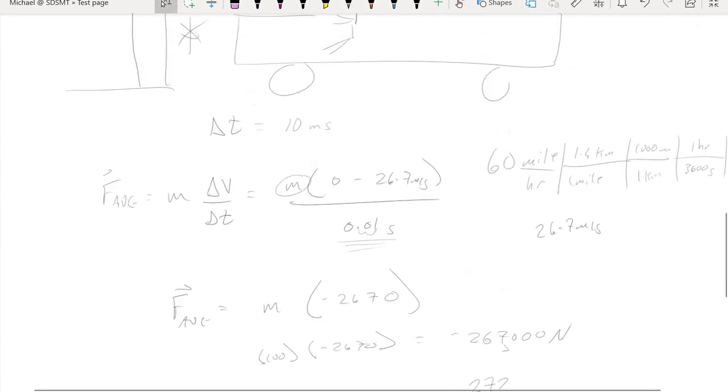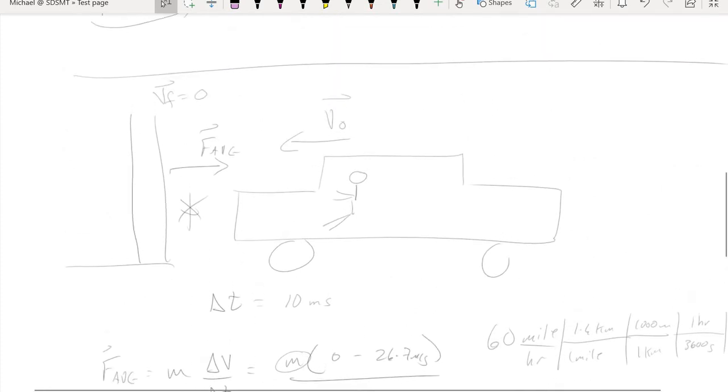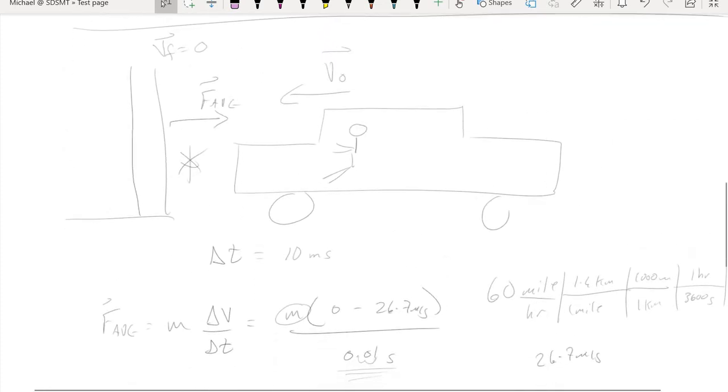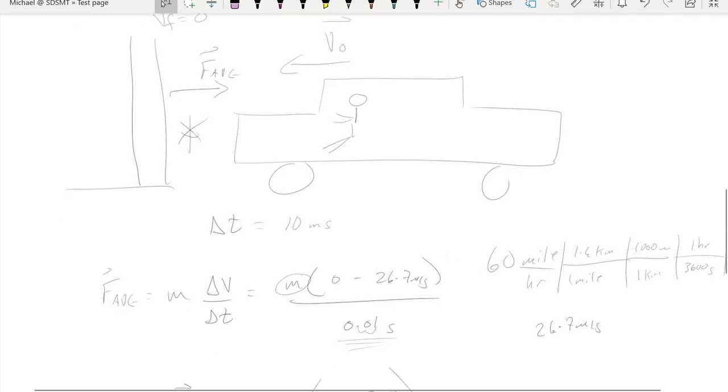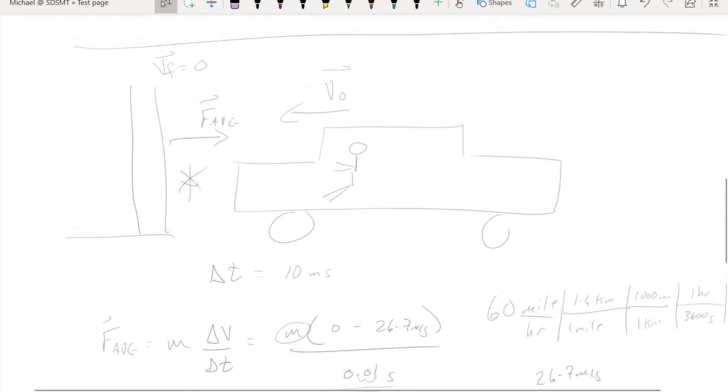And so how do we save lives? How do we get these people to walk away from the crash as opposed to being carried away? And again, there's nothing that we can do about the change in the velocity.